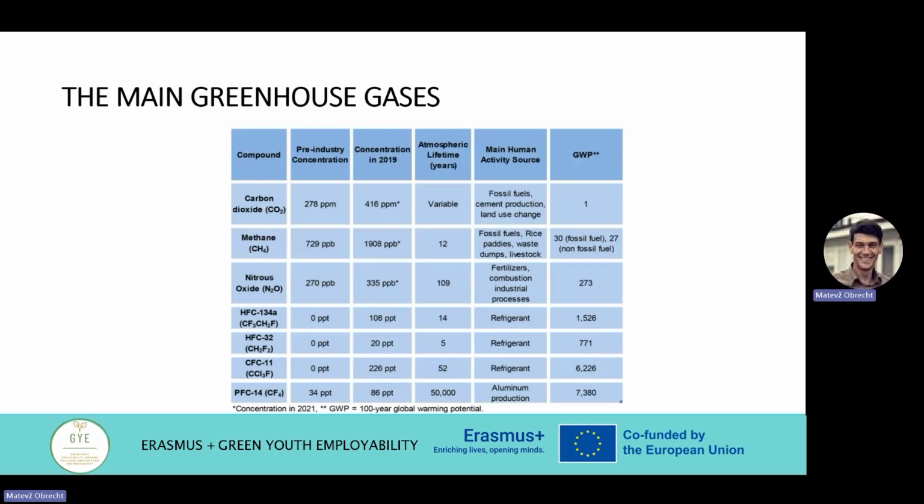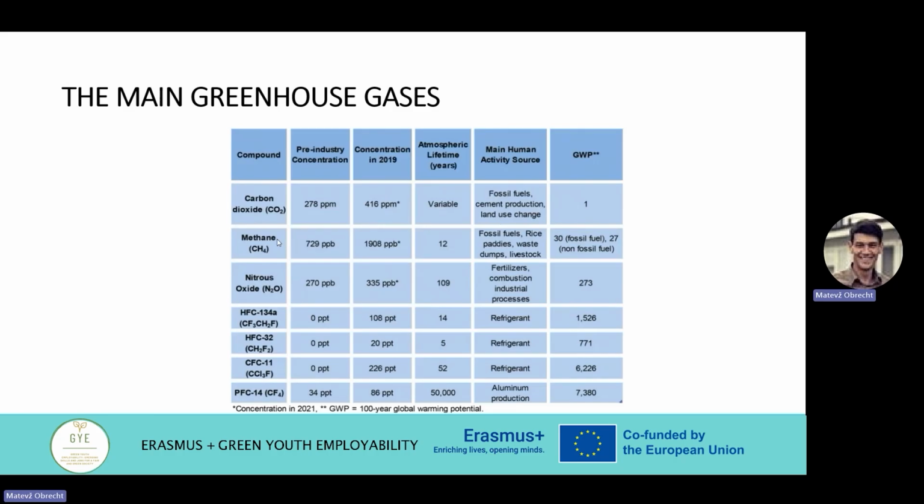You can see carbon dioxide, the pre-industry concentration and the concentration in the last years. We can see the GWP and the main human activity source of it. So carbon dioxide, like mentioned, comes from fossil fuels, cement, and land use change.